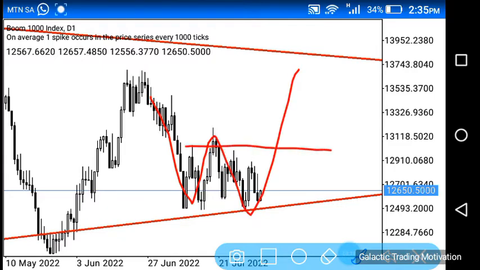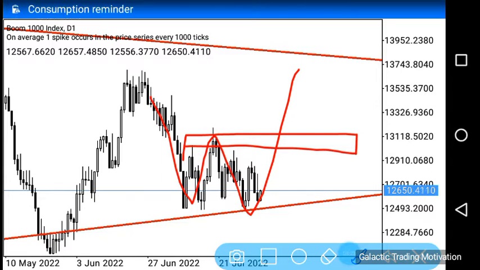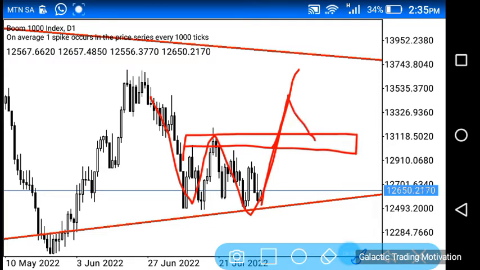With this level being the neckline of that W structure, right? However, as with the M structure that I spoke about, the neckline of this W structure has not yet been broken, and should price break this neckline, what we would do is wait for price to come back to the neckline to retest it, and we would look for further buying opportunities at this level, right?